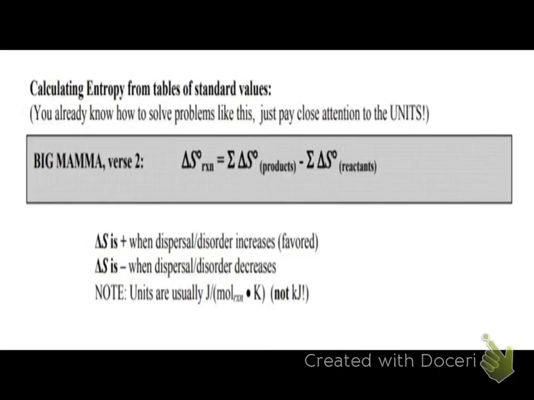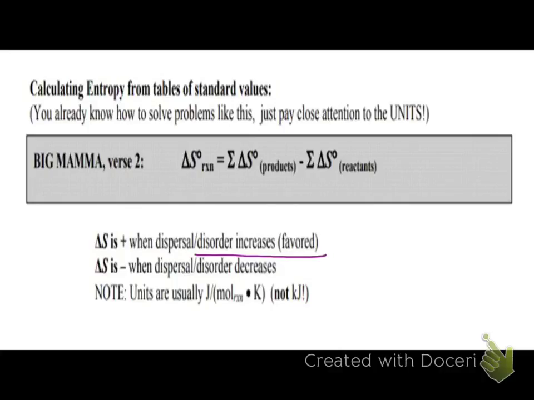Okay? So, calculating entropy, we know these standard values. Just pay close attention to the units, like I just said. Again, we already said this a while ago, but whenever delta S is positive is when disorder is increasing. And it's kind of funny because we're thinking of disorder increasing and disorder decreasing, which means it's more ordered, so you kind of have to get that straight in your mind.